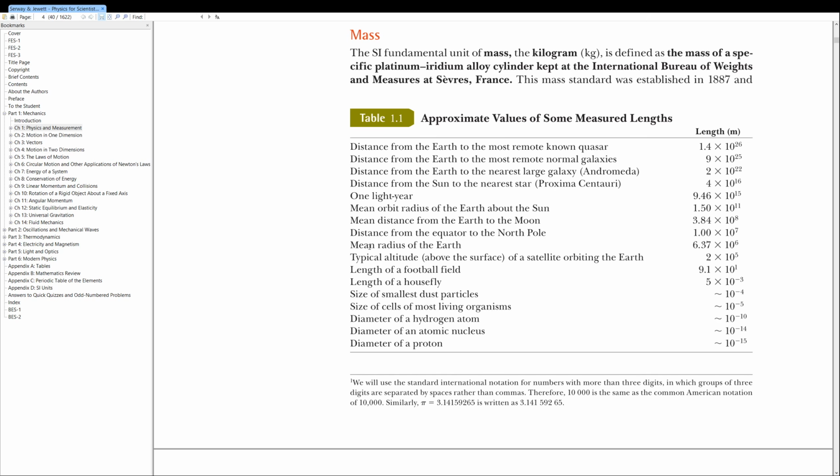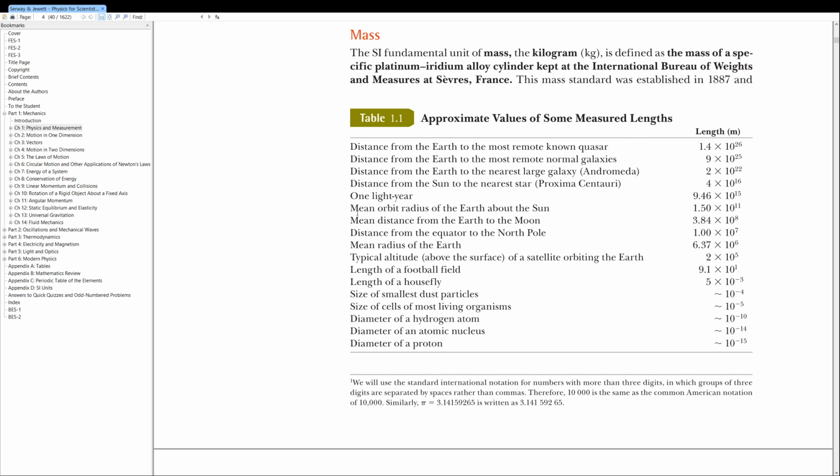So that's the average mean. In this case, it doesn't mean like it's being angry and treating people unfairly. No, that means the average radius of the Earth is about 6.37 million meters. So 6,370 kilometers. The distance from the equator to the North Pole is about 1 times 10 to the 7th, so 10 million meters, right?